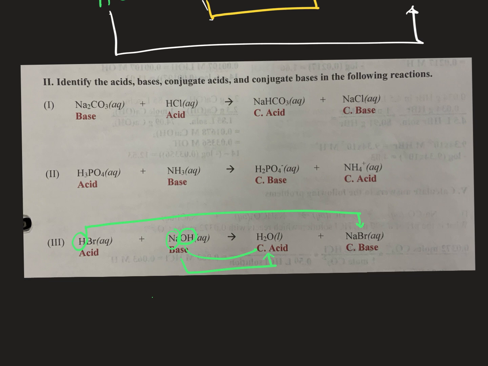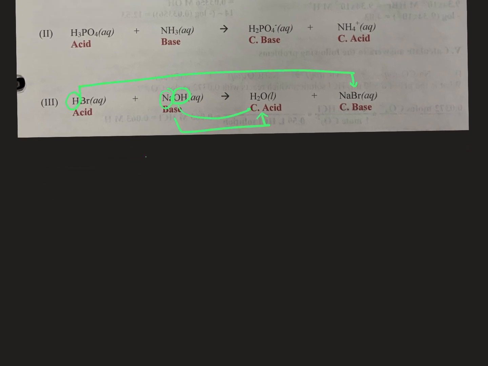Let's move on to the fun stuff, shall we? We've done this before, so it's just review, right? No big deal. Hopefully. So let's say we have HCl plus calcium hydroxide goes to H2O plus calcium chloride.